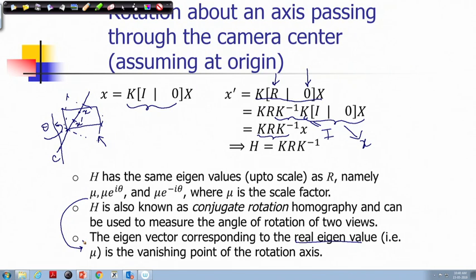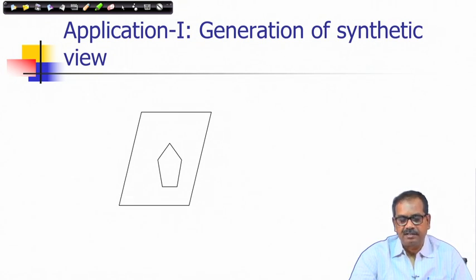Let us see how this homography could be used in relating different images. Some of the applications we would like to discuss are of projective transformation associated with single view camera geometry, which we were discussing earlier.